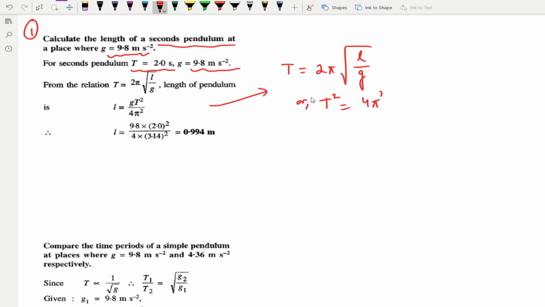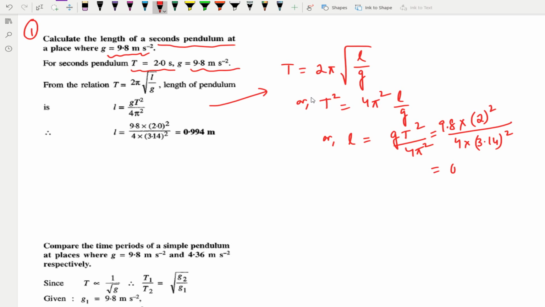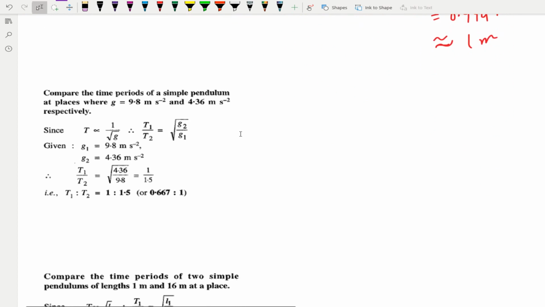It will become T square equals 4 pi square L by G, and from here L is equal to G T square by 4 pi square. This is the cross multiplication we did, and we substitute the values: 9.8, T square means 2 square, and 4 into 3.14 whole square. Now if you solve, you'll get the value as 0.994 meter, which you can write as nearly equal to 1 meter. Okay, moving on to the next example.